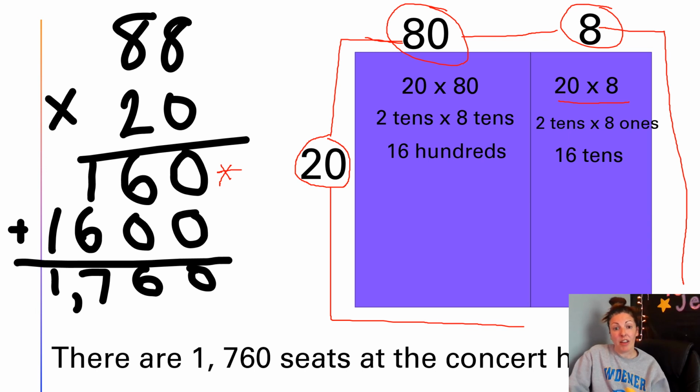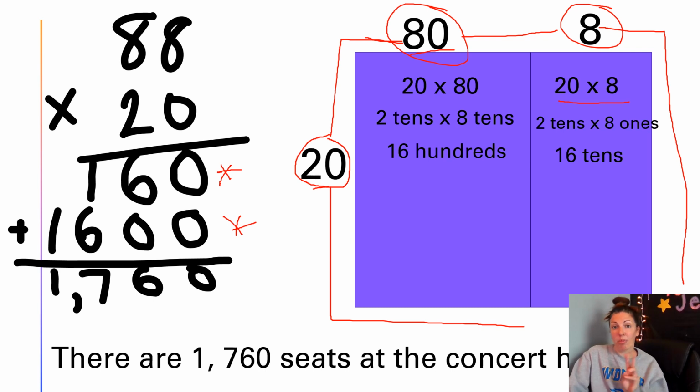Then I do the same thing for 20 times 80. 2 10s times 8 10s gives me 16 100s, or 1600, which I put as my partial product right here.